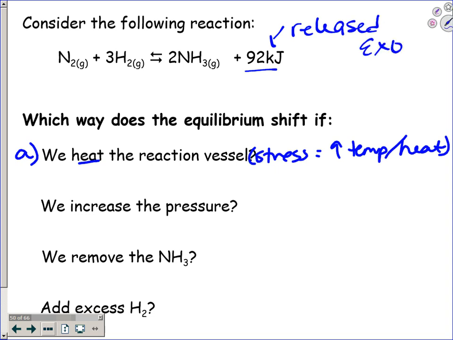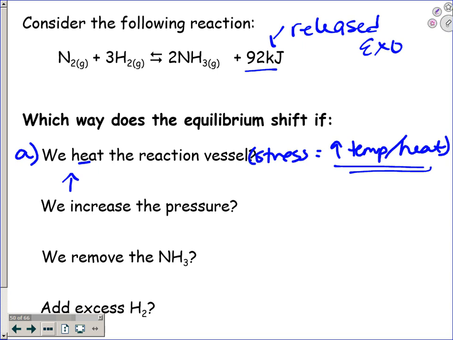So, well, we can kind of say this, but we would never say this out loud. We can think it: heat's acting as a product, because where is it at? In the products. Well, we know it's not really just any old product, it's energy. It's kind of different than the normal products we produce. So heat is acting as a product. If I heat the system, you're essentially saying to yourself, oh no, I've increased the products.